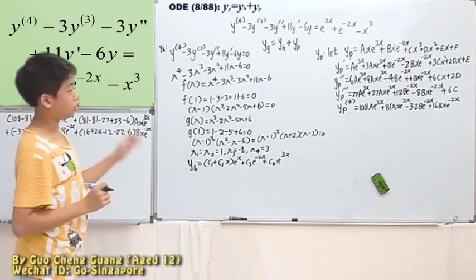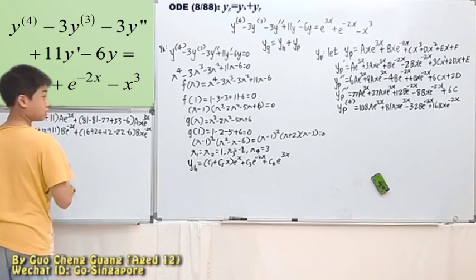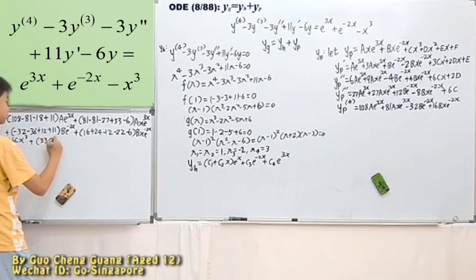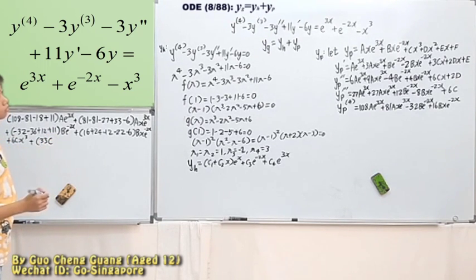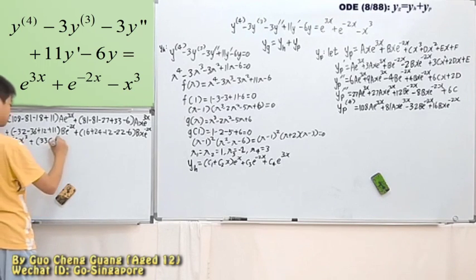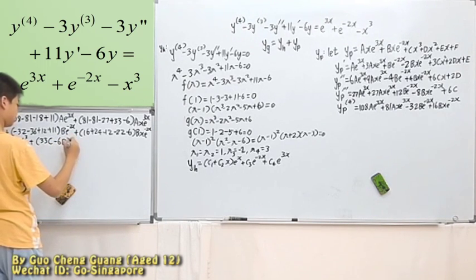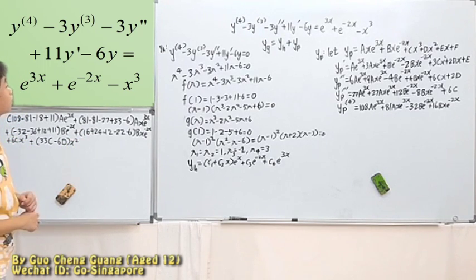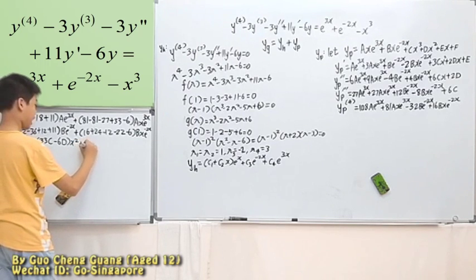Then after that you have your c times x to the power of 3. Then after that is x squared. Then is your x.